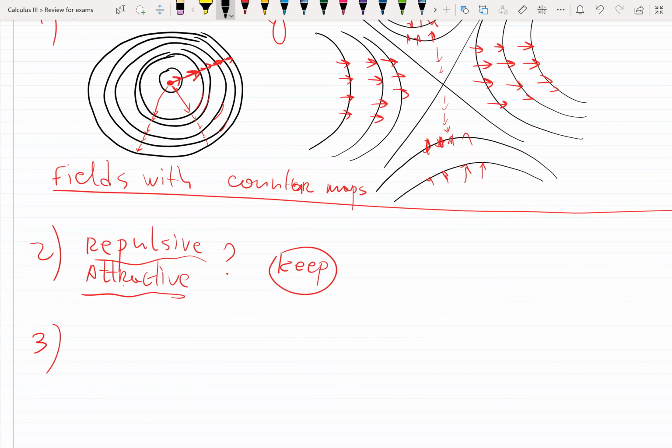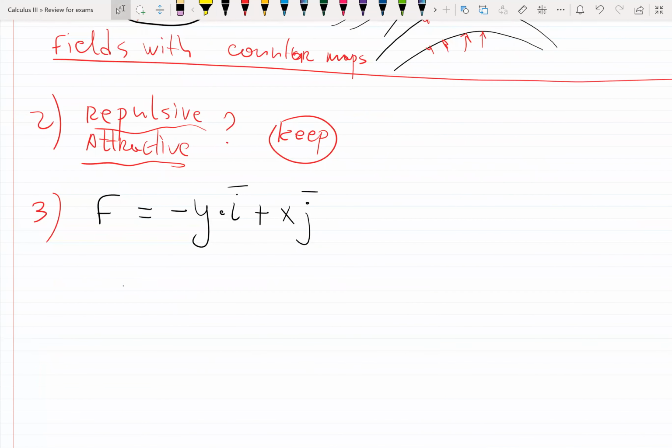How about equations? Do you remember what this means? Minus yi plus xj. What does this mean? What kind of vector field is that? So this is very interesting. I kind of find it interesting, but again, do you understand the behavior?